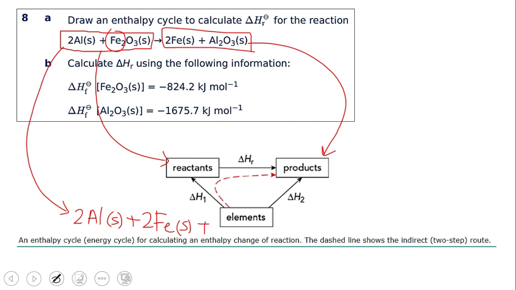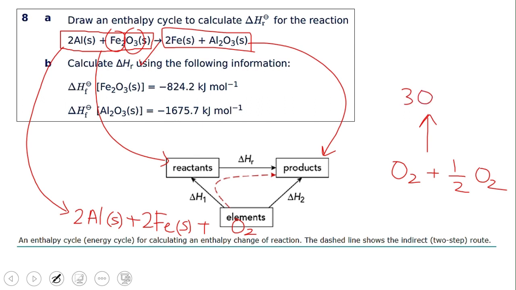Plus we have a total of 3 atoms of oxygen here. Oxygen exists as a diatomic molecule, O2. So we have to write oxygen in the form of O2. Now we need a total of 3 atoms of oxygen. It means you need one complete oxygen plus you need half oxygen so that it totals 3 atoms of oxygen.